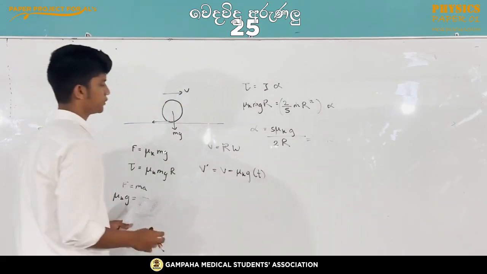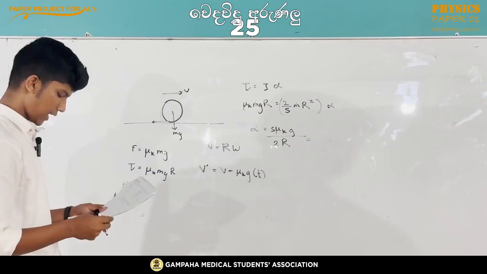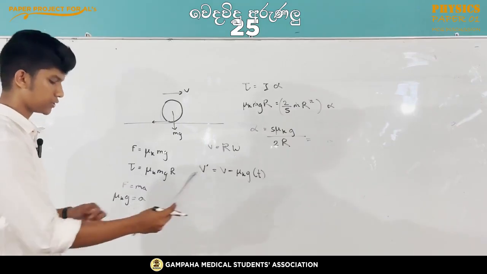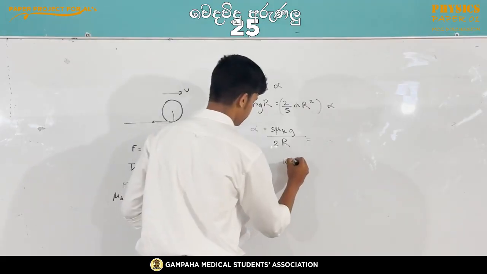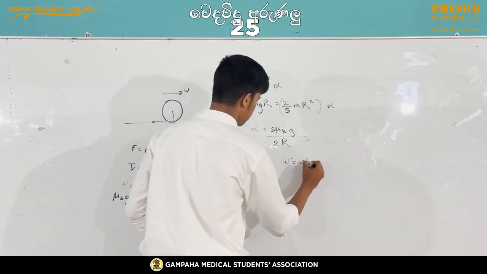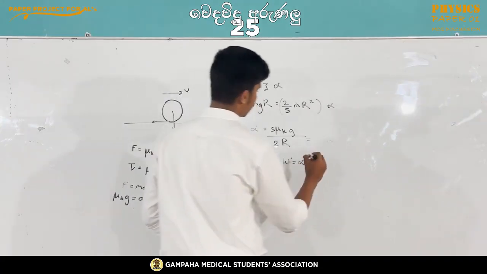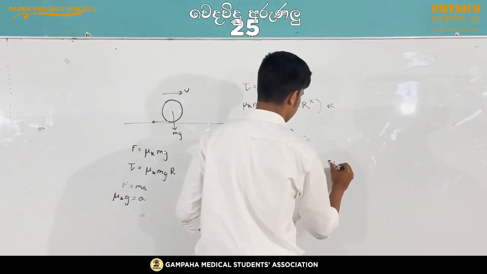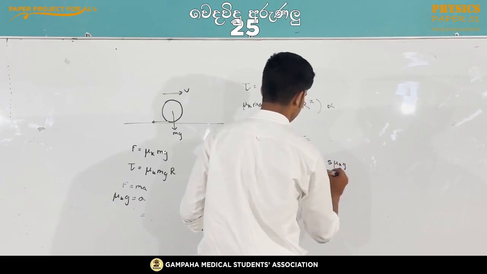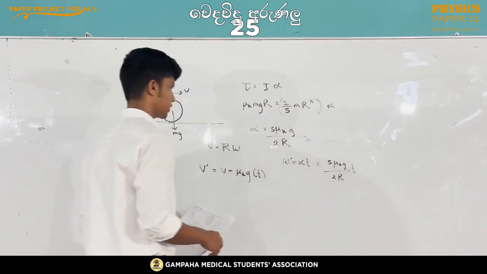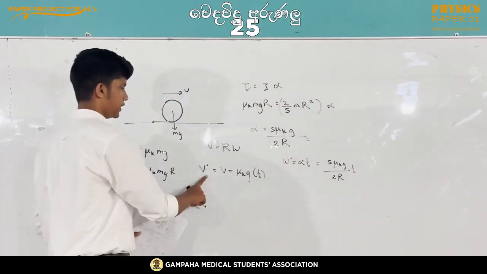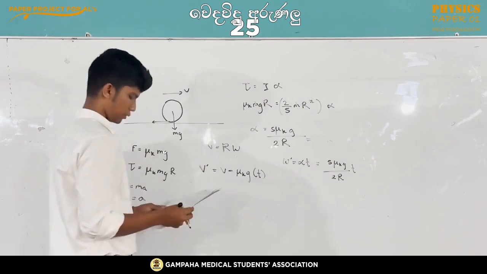This is the time taken for it to start rolling. And by the time it starts to roll, omega will be equal to alpha t, which will be equal to 5. Then we can see that v dash will be equal to r omega dash.